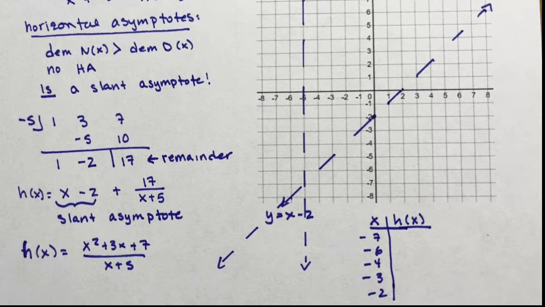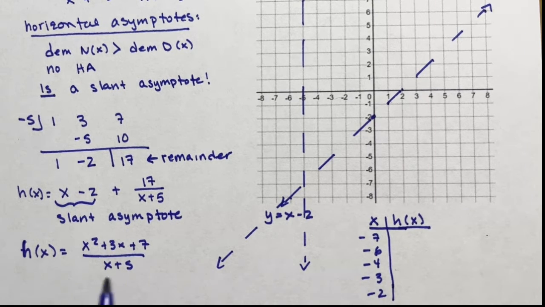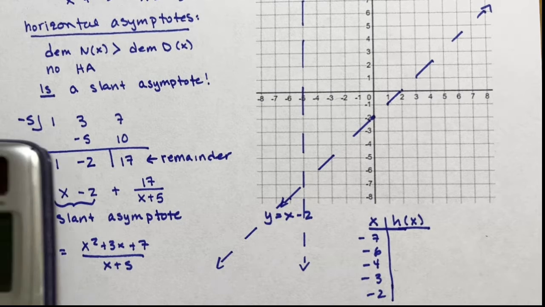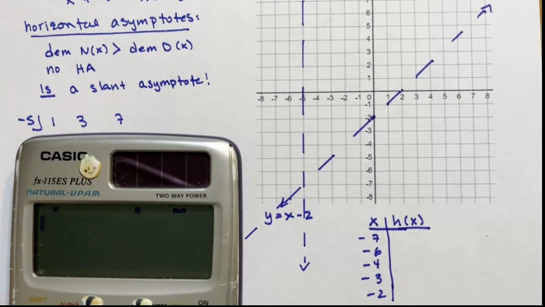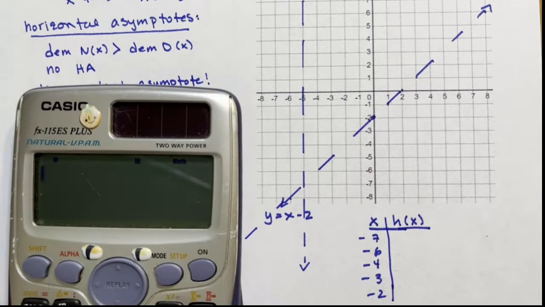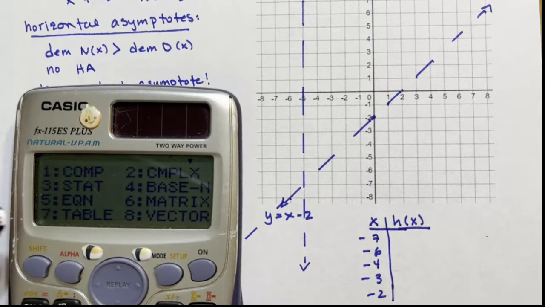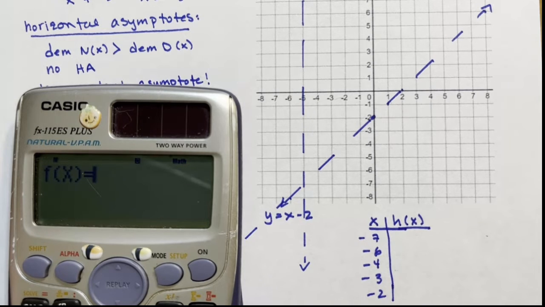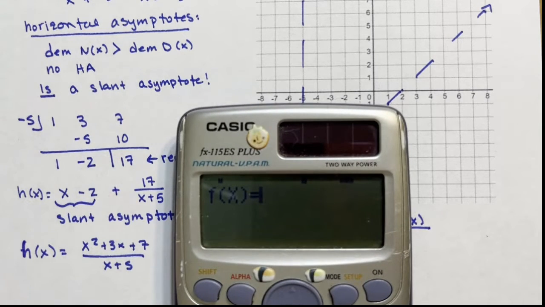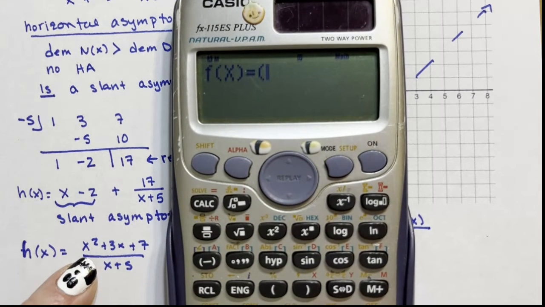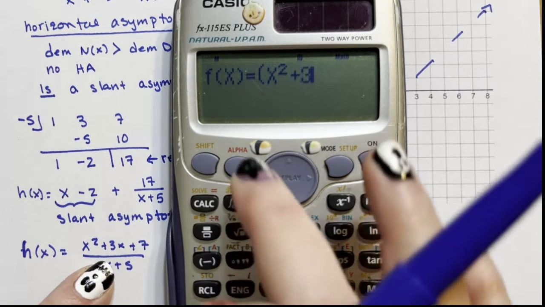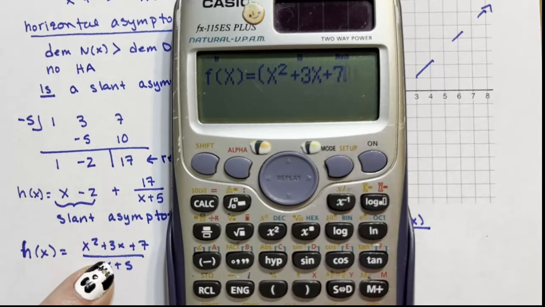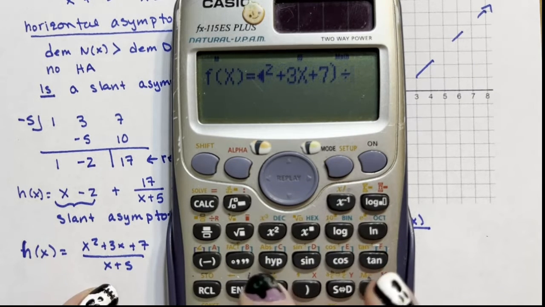Now, when I do this, I can plug these in directly into my calculator. I have a bit of a smarter calculator, so I hit my mode button, then I hit 7 for table, and I'm going to put into my calculator parenthesis for numerator, and then alpha all the way down here, right above parenthesis, there is this x, alpha x squared plus 3 alpha x plus 7, close parenthesis, divided by parenthesis alpha x plus 5, close parenthesis.